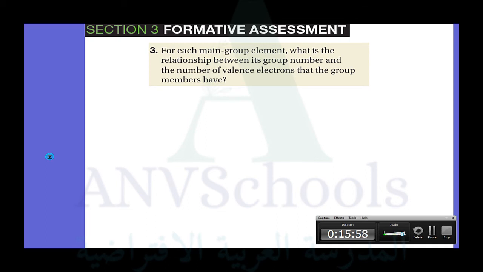For groups 1 and 2, the number of valence electrons is equal to the group number.